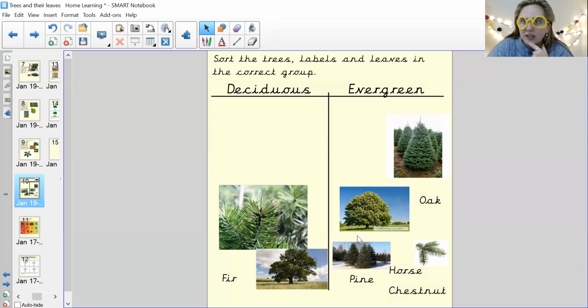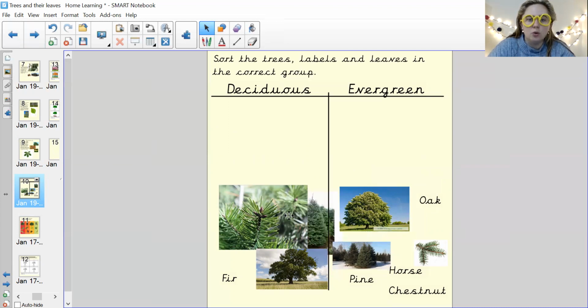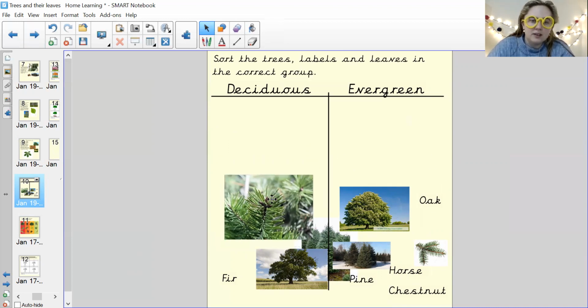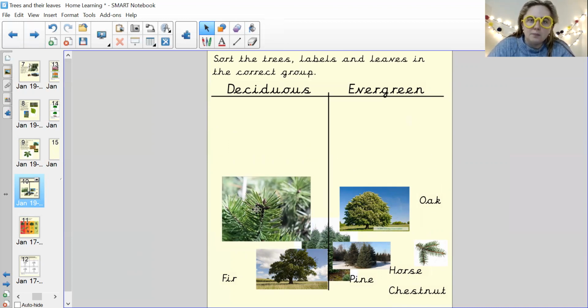Okay, hopefully you can remember all of that information, because we're now going to sort these pictures and these words into deciduous or evergreen. Let's have a look at this leaf here. What do you think? Is it deciduous or is it evergreen?